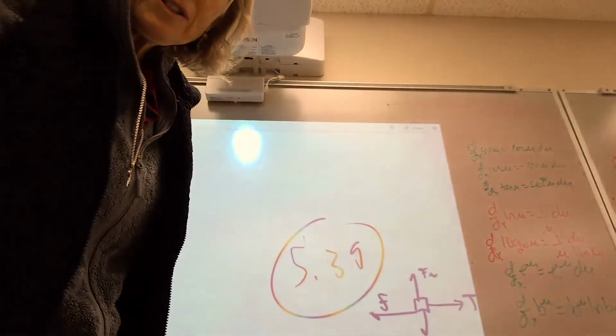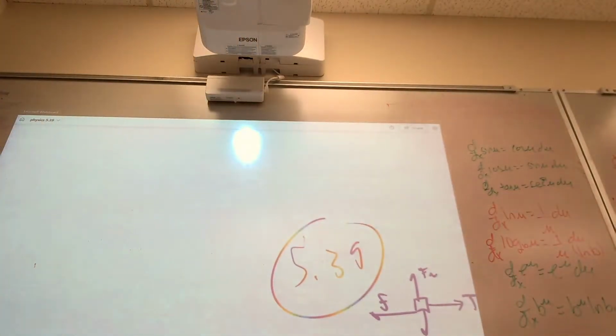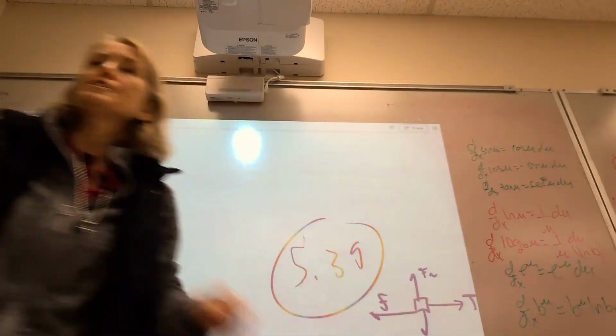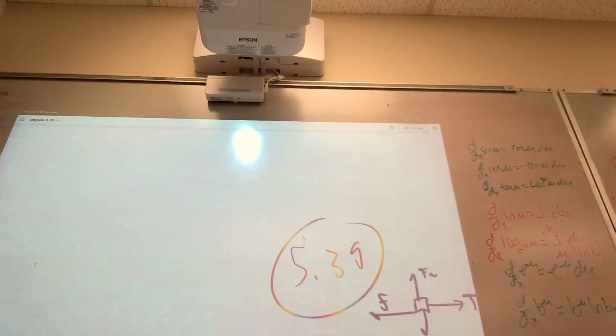Okay, so you should have drawn something like this. Standard figure. You have the normal, you have the weight, you have the tension, you have the friction. You should always start with your free body diagram.